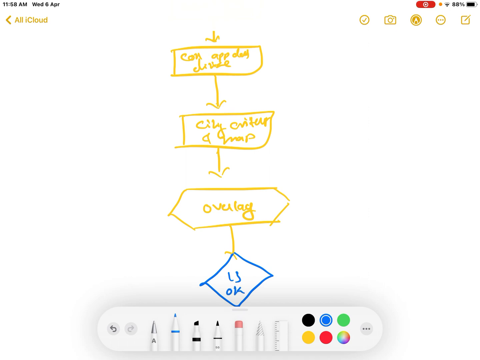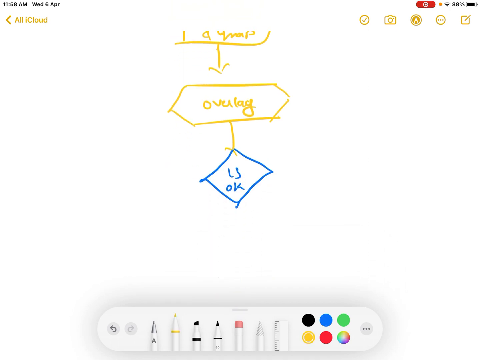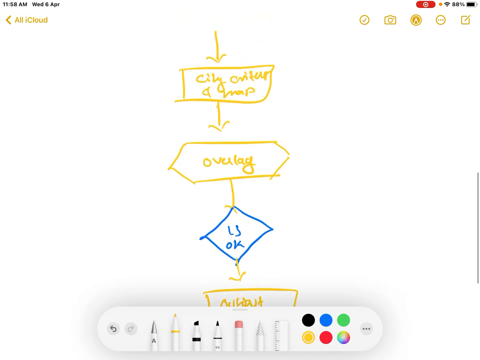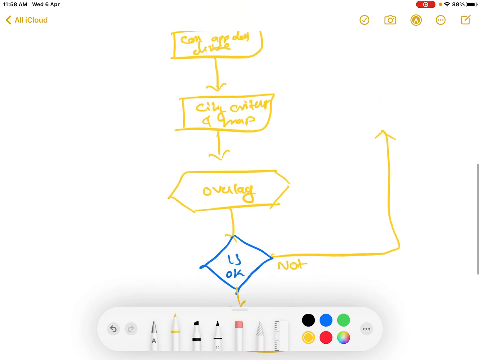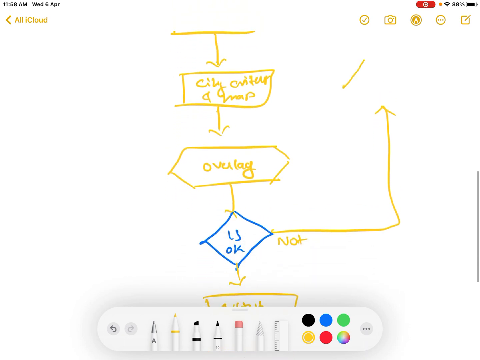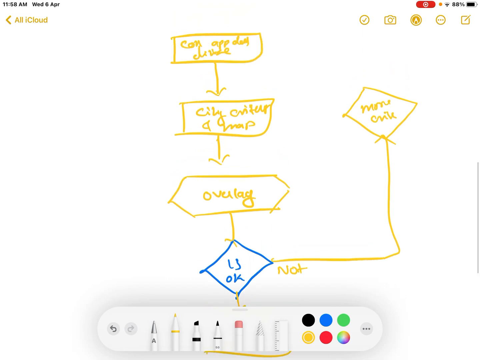Okay. Now after overlaying, we are going to examine the result. Is this okay? If this is okay, we are going to produce the output. If it is not okay, then we are going to ask another question. Do you want more criteria?